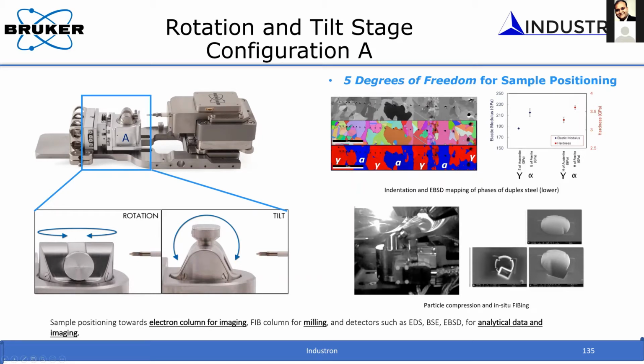You can also use these rotary and tilt stages to position the sample for the EBSD or EDS detectors so that you don't have to take the whole stage and the system out to do that. So in situ within the SEM, you can look at the sample with the EBSD or EDS detector and analyze the sample. At the same time, you can bring it back and do the mechanical testing.